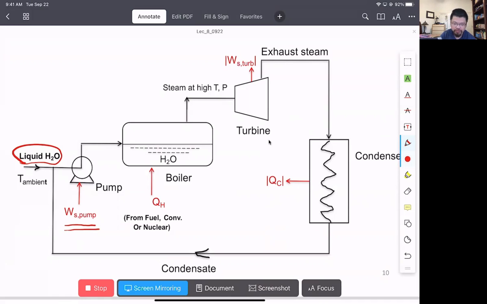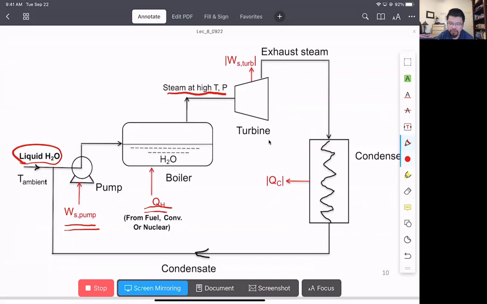And we are going to transport that to the boiler. And in the boiler, we are going to again provide the energy to change the temperature and drive the phase transformation. So over there, liquid water will be vaporized to have the steam. And the outlet would be the vapor, steam at high temperature and pressure.